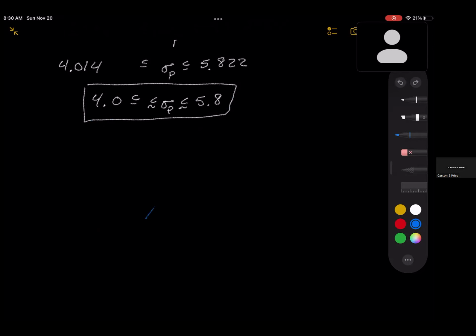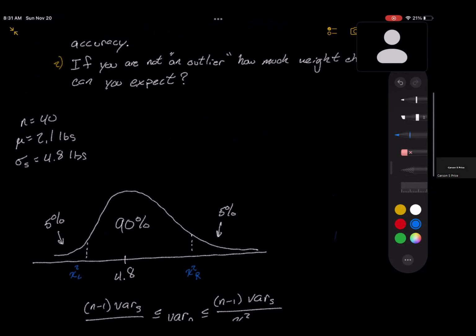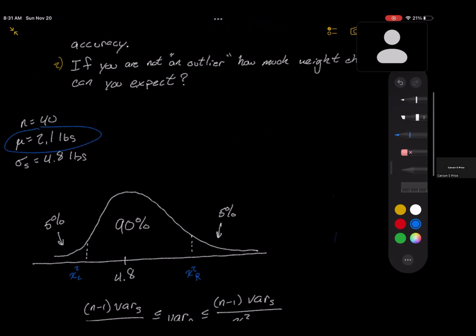So if we were to draw the distribution of the average weight loss, let's assume the worst case scenario. Worst case is our data is more spread out and we are less certain of where the actual true average is. So I'm going to center it at 2.1 because my average weight loss was 2.1 pounds.